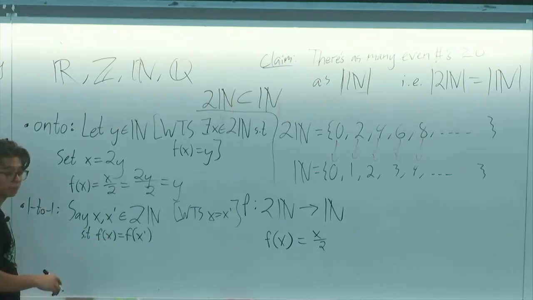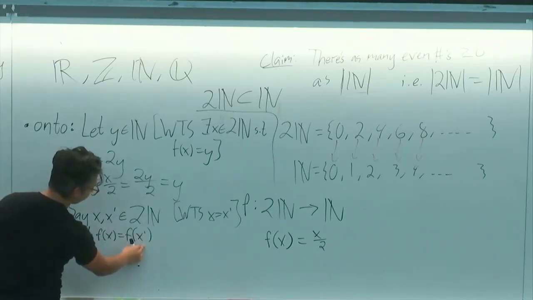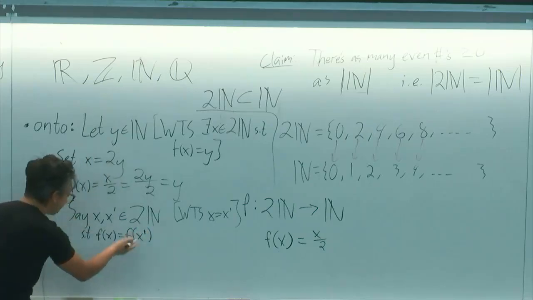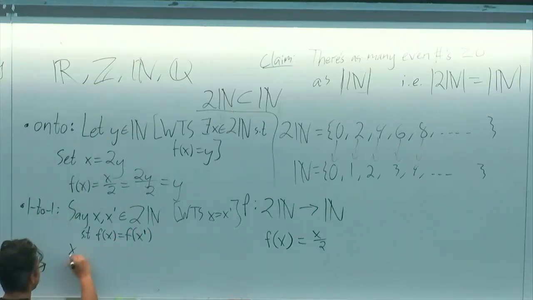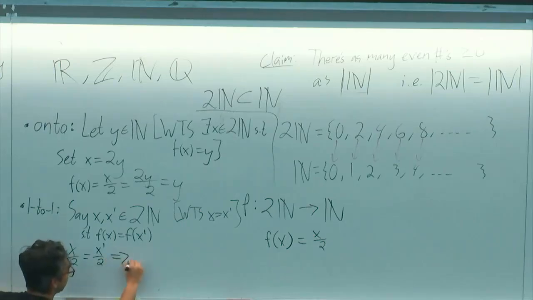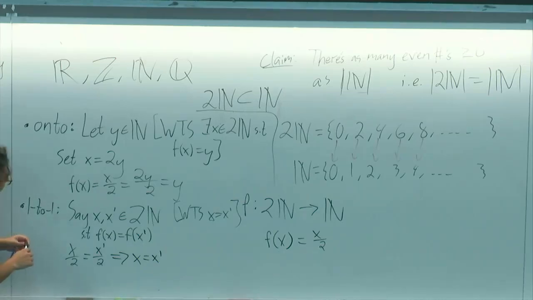And really, we just need to play with the definition. So if f of x equals f of x prime, well, the definition of f says it's x over 2, and that's going to be equal to x prime over 2. Just multiply by 2 on both sides, and we get x equals x prime. So this is just us stepping through what it means for a function to be onto and one-to-one.